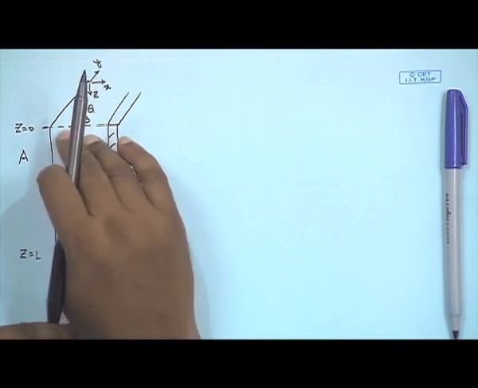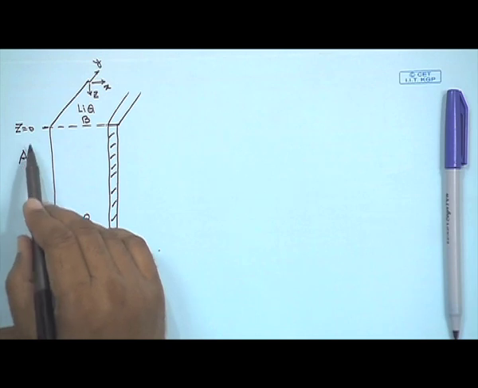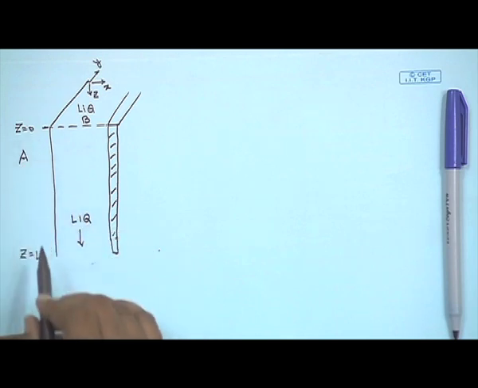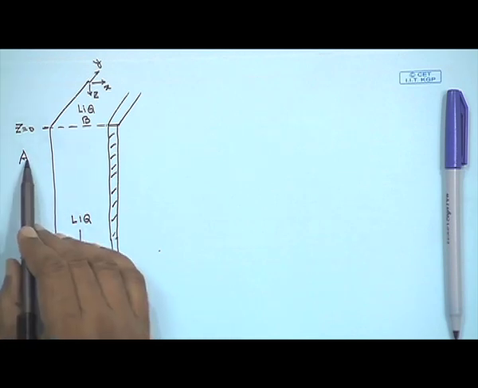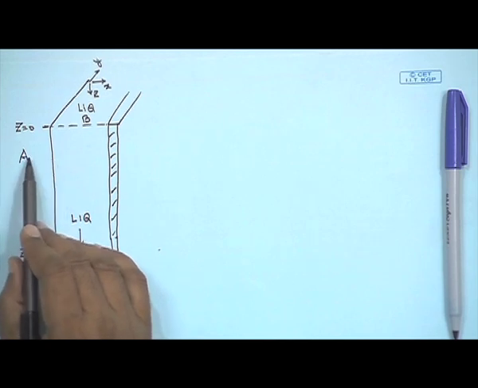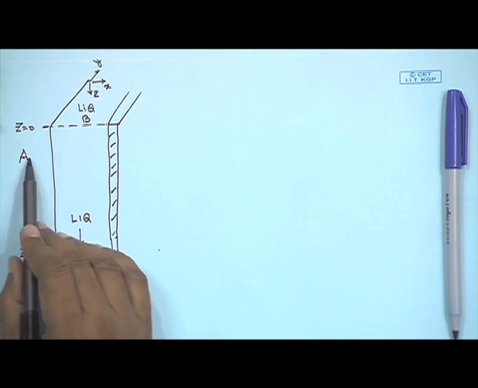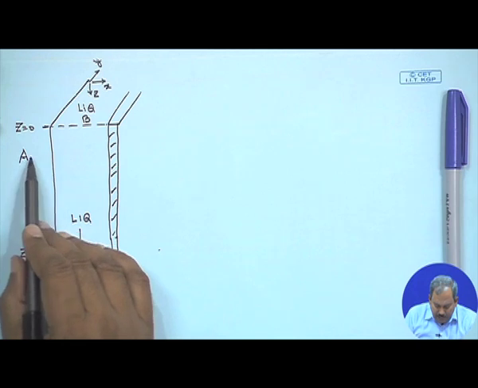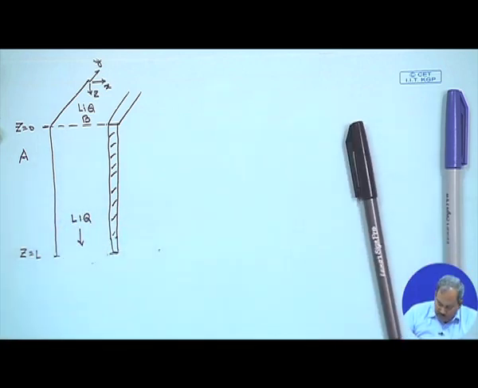As the film falls, it sees component A only from z equals 0 up to z equals L, and this component A gets dissolved in the liquid B. I do not make any comment on whether A is sparingly soluble or highly soluble.